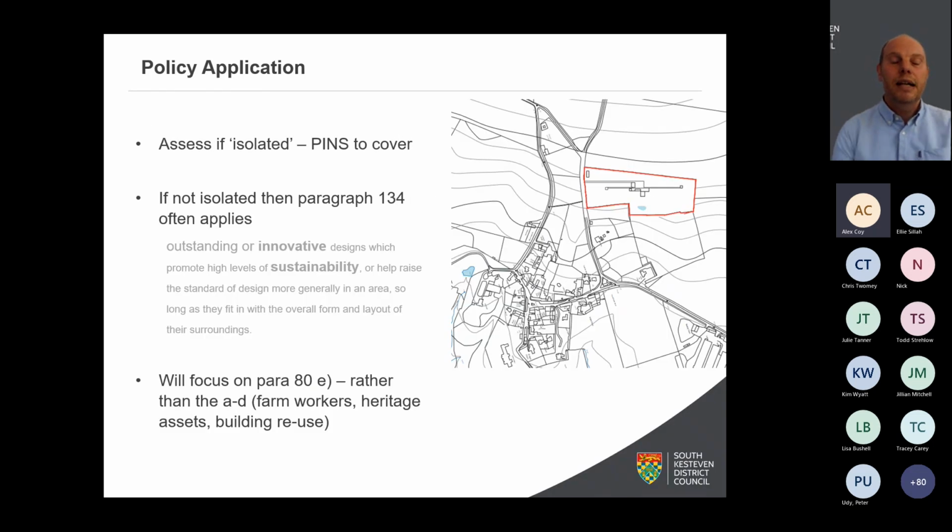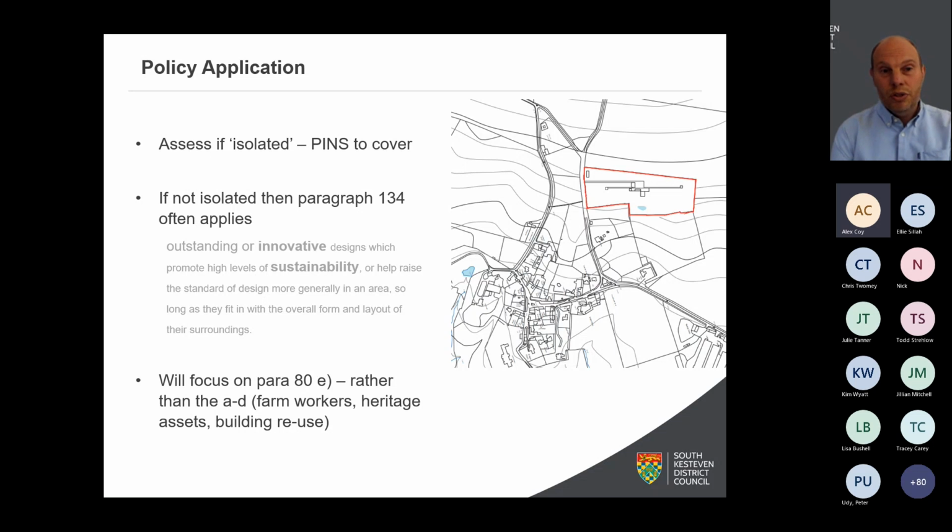So, delving into the policy application now. The first hurdle is to assess whether it's isolated or not. I'm not going to go into great detail on that because I think later on today, PINS are going to touch upon that issue and maybe give a bit more clarity about it, but that can be the first decision that's made, and it can be challenging.